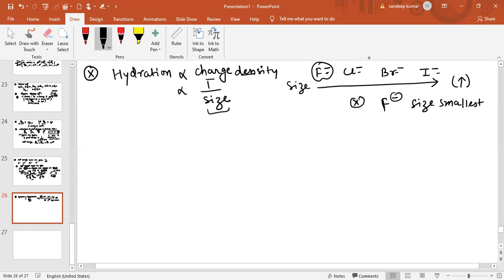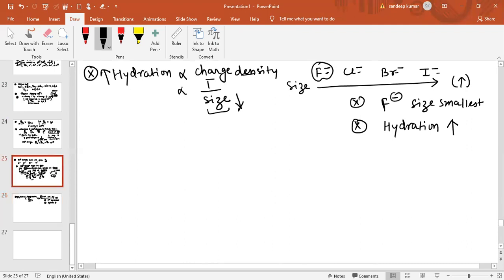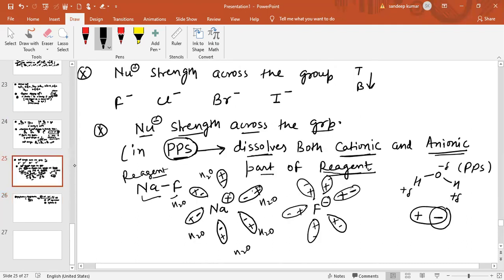When F minus is smallest in size, we know when size is smallest, hydration is highest. So the hydration of F minus will be highest. And when the hydration of F minus is highest, it means it will be more bulky in size.